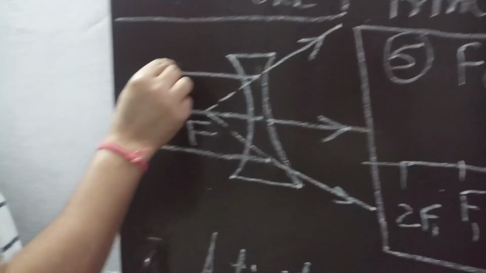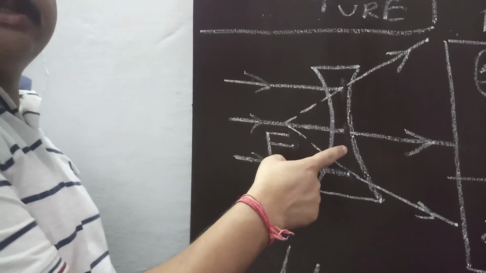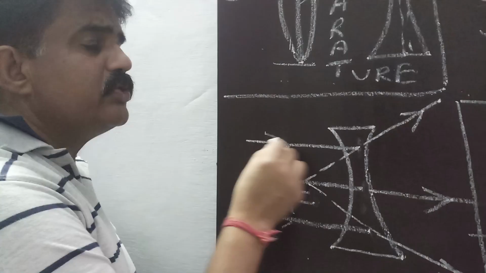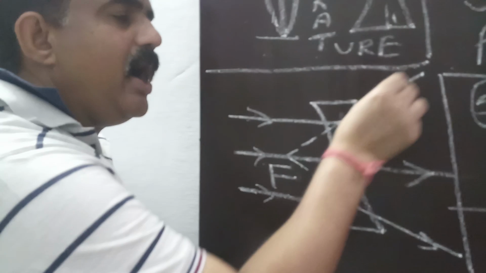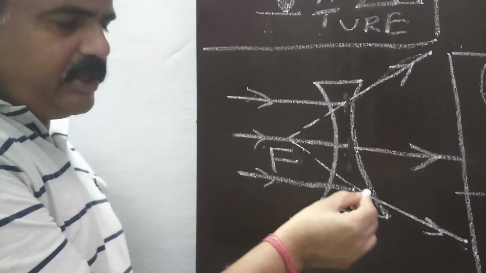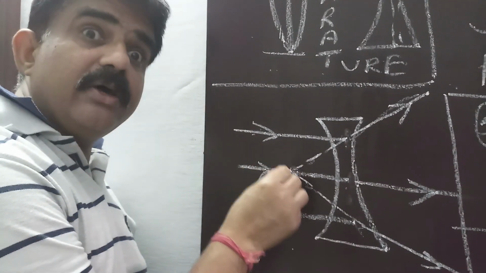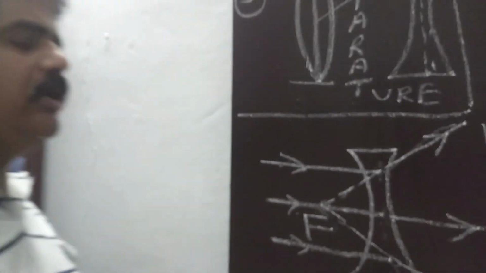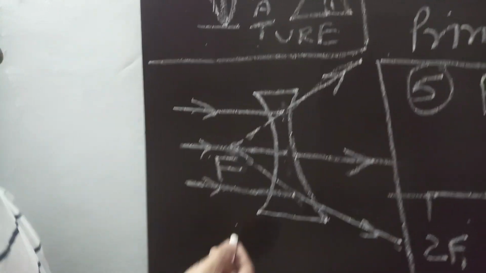In case of a diverging lens, these are the parallel rays incident on the concave lens. It diverges the rays. Extend these rays in the backward direction, and it appears that the rays are coming from this point. This is called the focus.